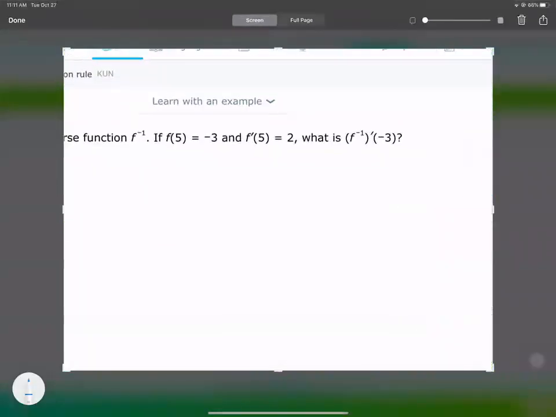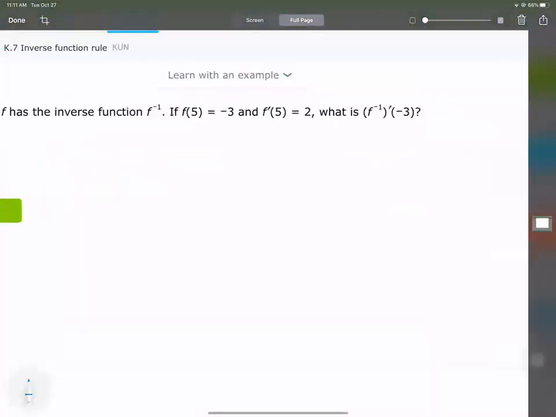Okay, again, the idea is x and y. This is x, this is y. So in inverse world, it's -3 gives me 5. So f inverse of -3 is 5. That's the answer, because it brings you back.